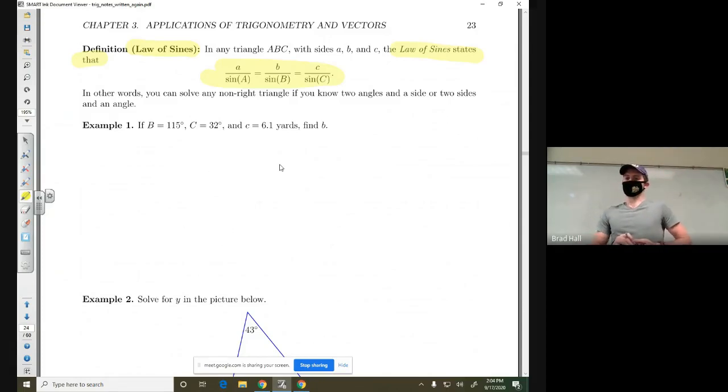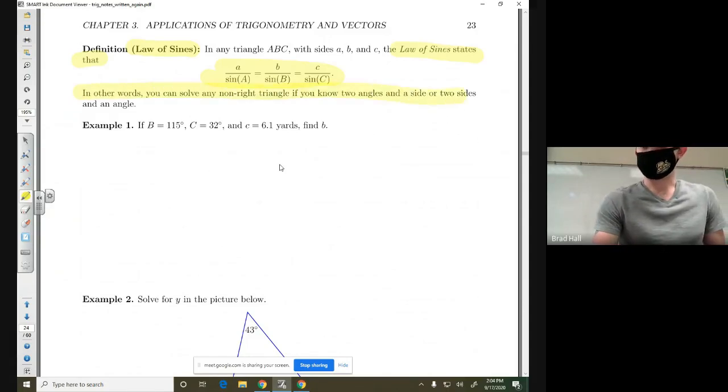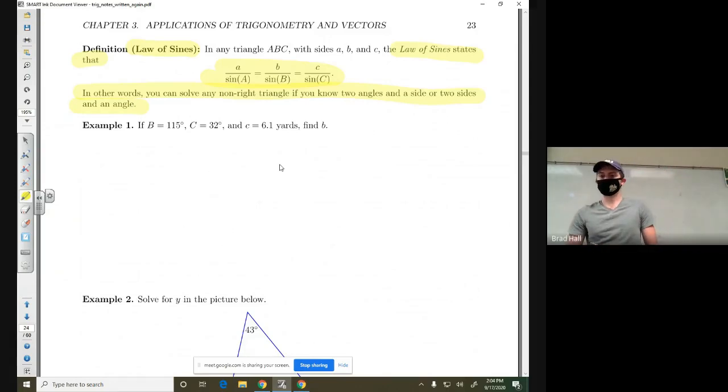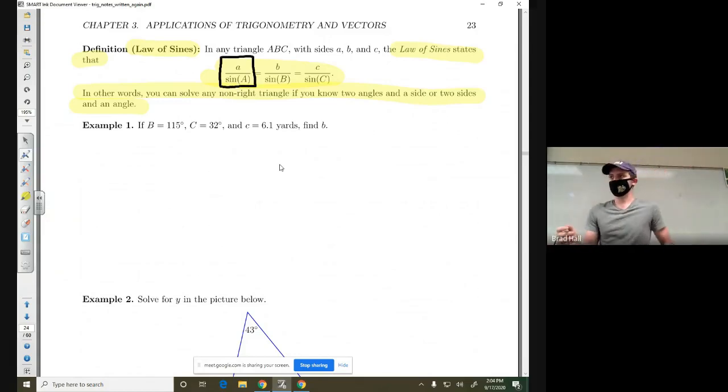In other words, you can solve any non-right triangle if you know two angles and a side, or two sides and an angle, provided one of those is a corresponding pair. You need to know an angle A and its corresponding side, or the angle B and its corresponding side. It'll make more sense with examples.